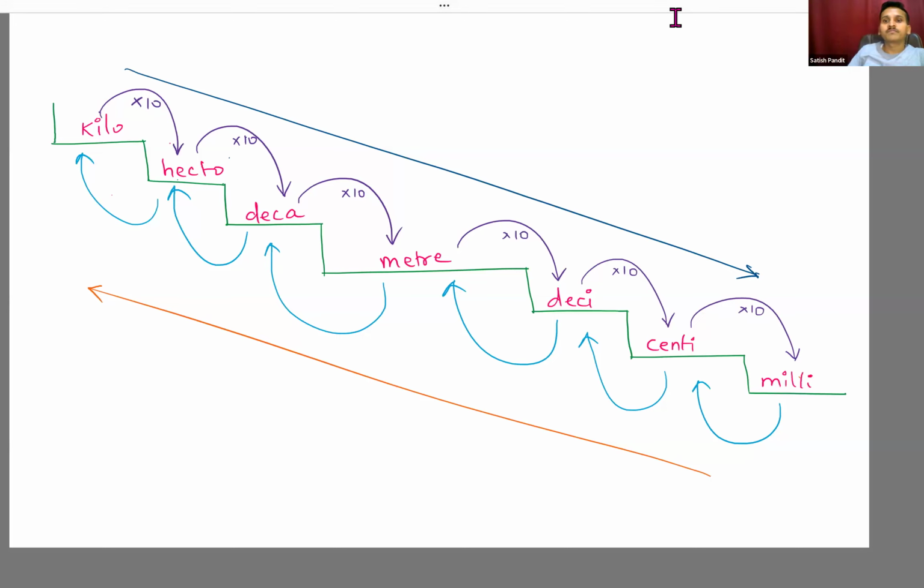So when you're going up, each step we divide by 10.